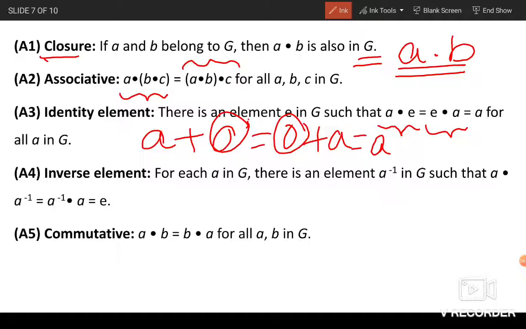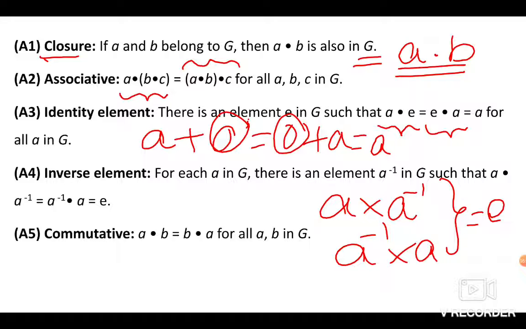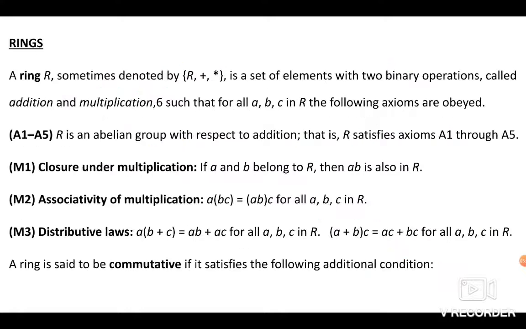Inverse element: for an element A, A into A inverse, similarly A inverse into A, should give the identity element E. Commutative: A dot B equal to B dot A. If all these axioms are satisfied, then they form a group.